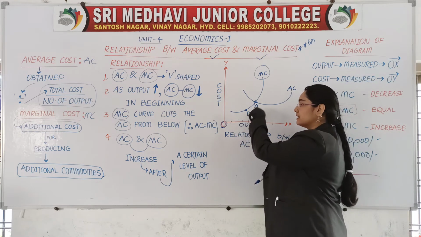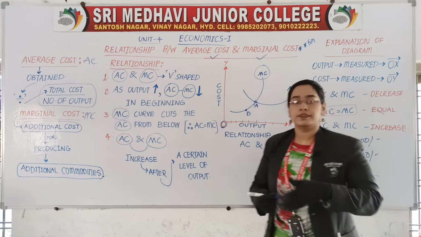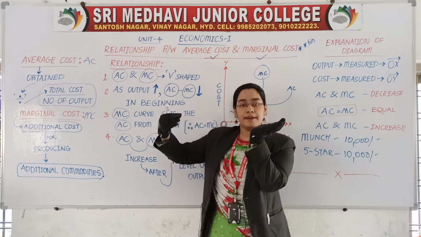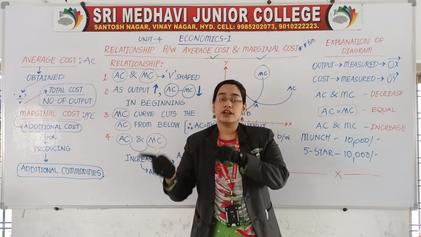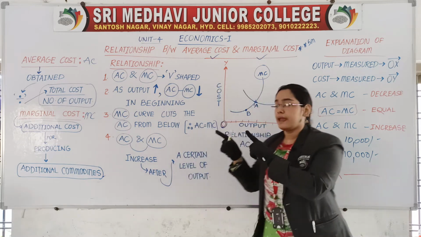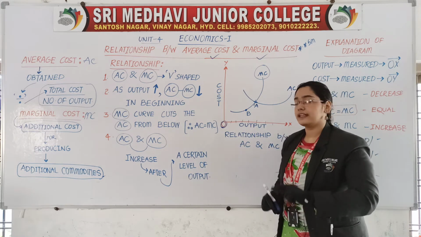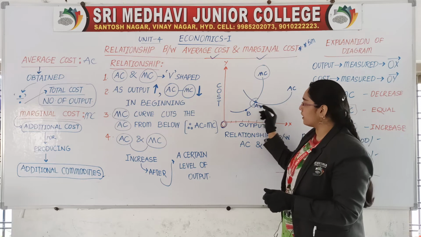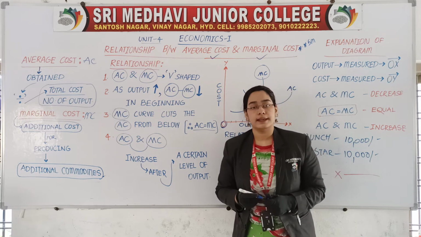This is the AC curve. The MC curve is cutting this curve from below. Which curve is cutting which curve? MC is cutting AC from below. So at this point, both AC and MC are equal.